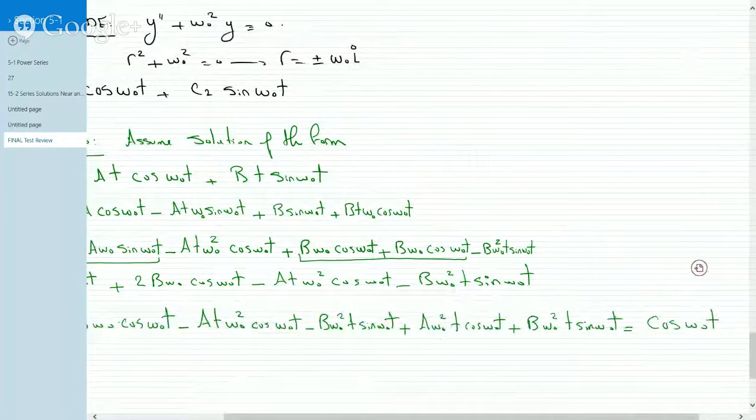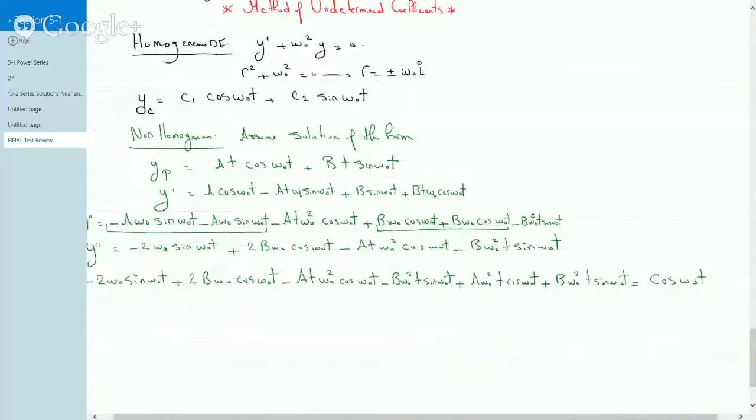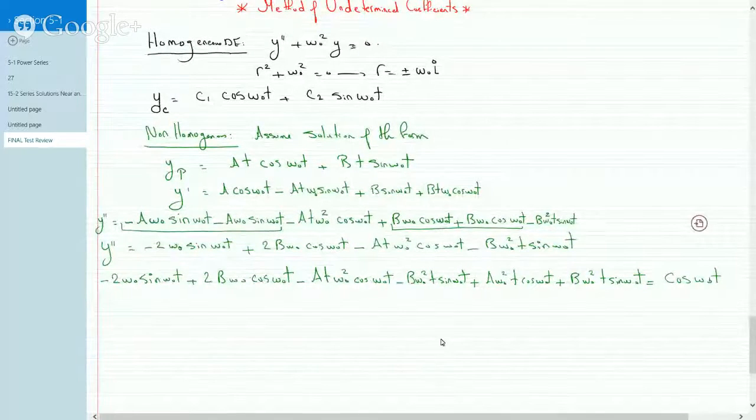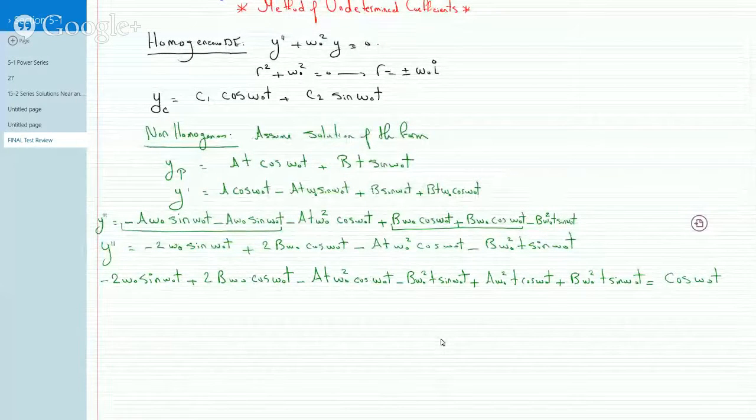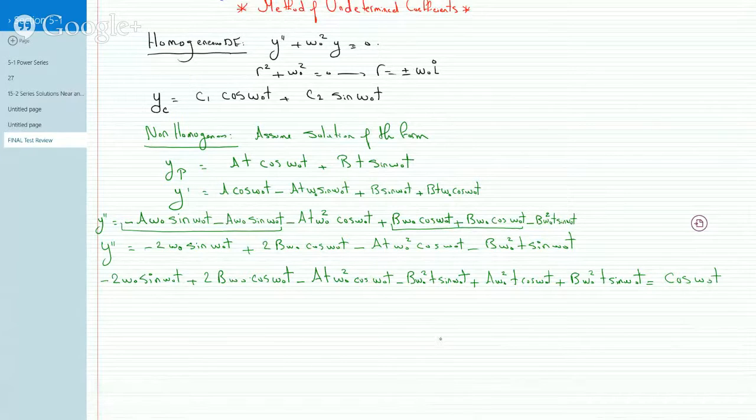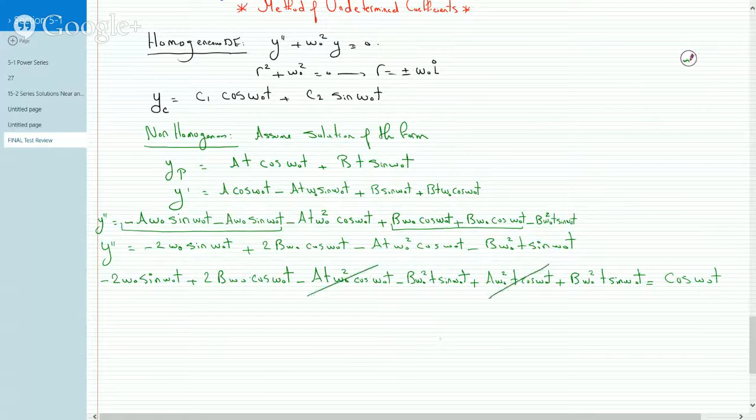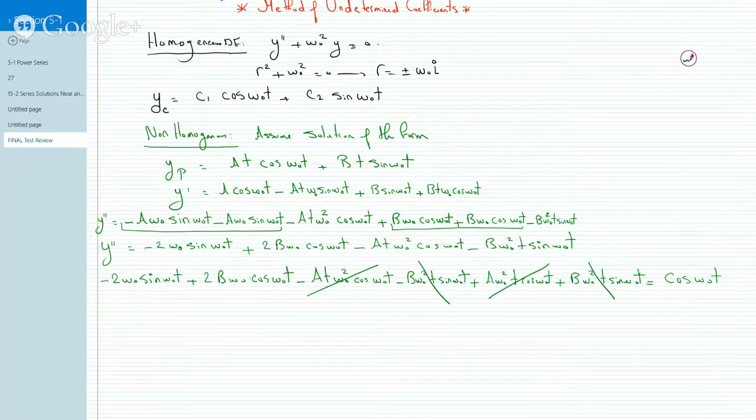Okay, so now let's collect the like terms, if there are any. So this and this go away. The t sine omega 0 t and this go away. And all we have left is, wait, we forgot a coefficient here.